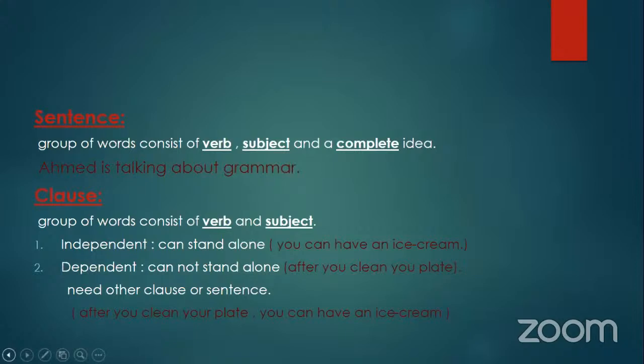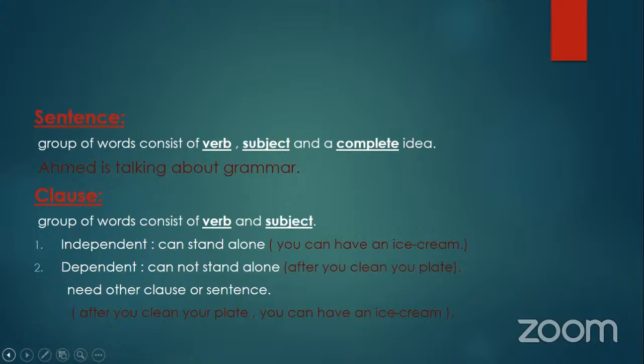Let's take this example. You can have an ice cream. So we have a subject, we have a verb. The subject is you, and the verb is can have. And we have the idea. No need for any other clause to understand. But if we see the other example alone, like after you clean your plate, we see that the word after makes it dependent.